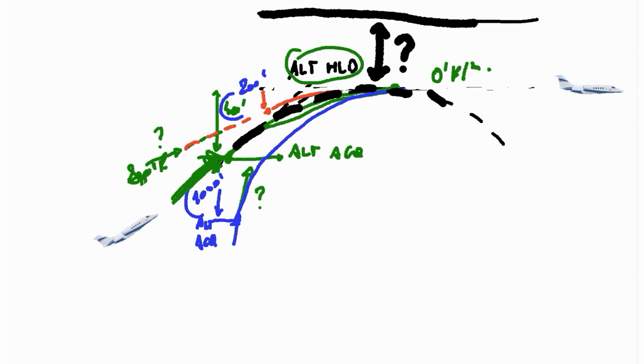So in the moment that the alt star, or the altitude acquisition, is engaged, what will happen is that the system is continuously reducing the vertical speed. As you can see, this is the vertical speed I have here, and this is the vertical speed I have here, and this is zero vertical speed. Okay, so the system is progressively reducing the vertical speed.